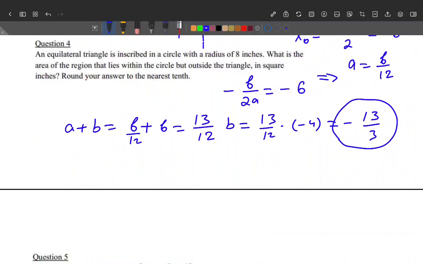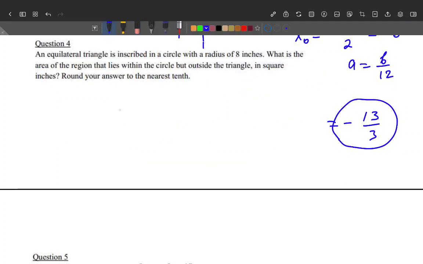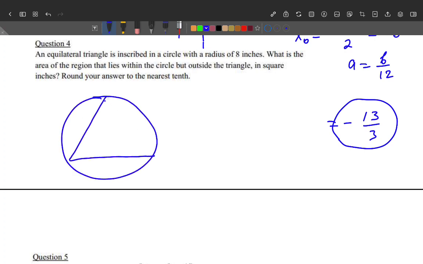Okay, next question. An equilateral triangle is inscribed in a circle. It means we have an equilateral triangle and this side A, and the radius of the circle is R. We can prove it. For example, this angle will be 30 and this side will be A divided by 2.